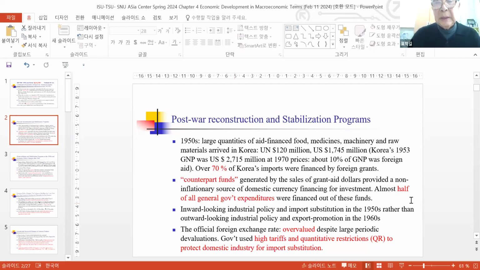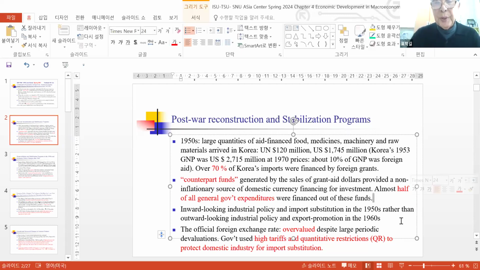Third remark, what's the difference between the 1950s and 1960s? In the 1950s, Korea's industrial policy target was called inward-looking industrial policy and import substitution policy. On the other hand, in the 1960s, just the opposite case, outward-looking industrial policy and export promotion instead of import substitution.